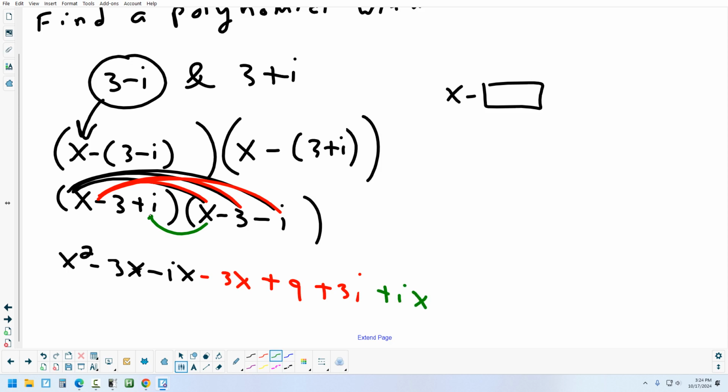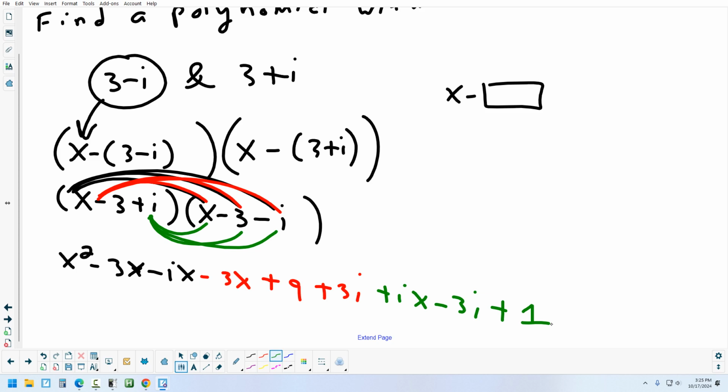What's i times negative 3? Negative 3i. And i times negative i is negative i squared. But i squared is what number? Negative 1. So that's really negative of negative 1, a positive 1.